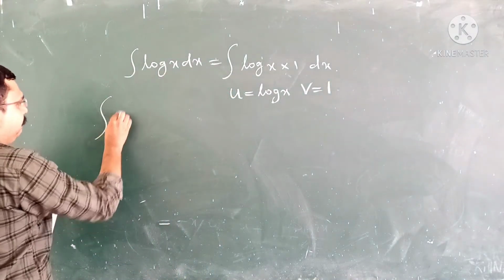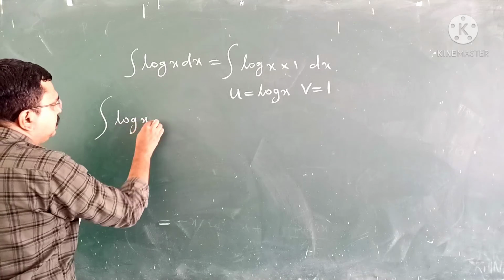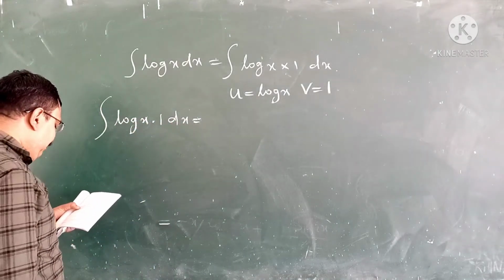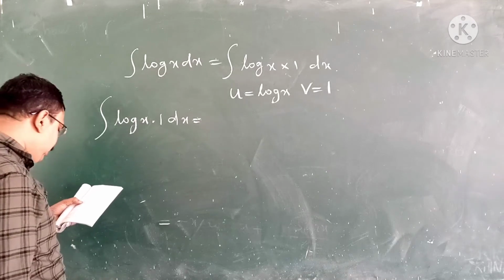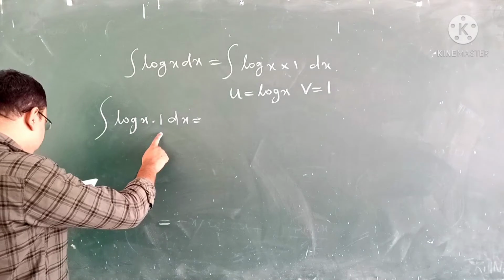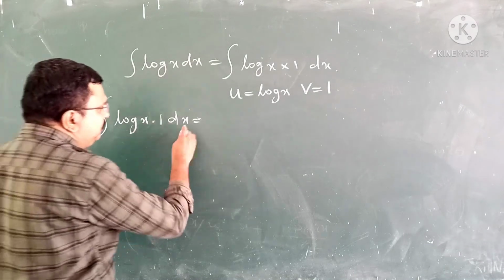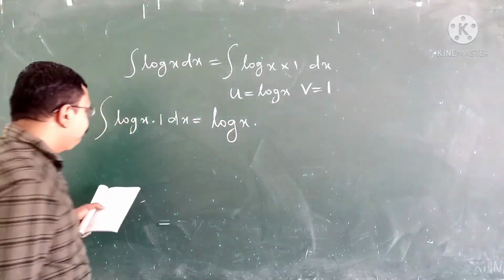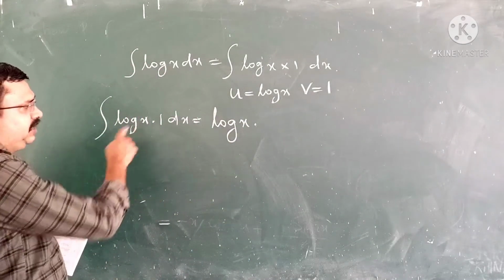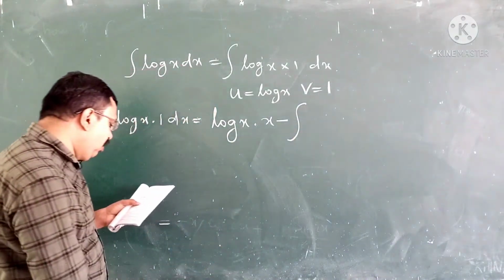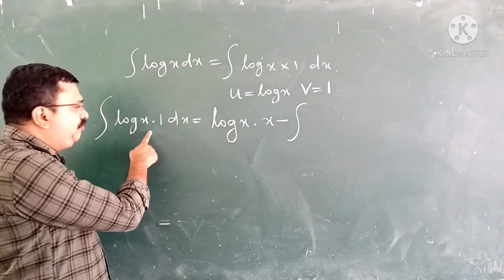Therefore integral log x into 1 dx is equal to first function log x into integral of second, integral of 1 is x, minus integral of derivative of first.